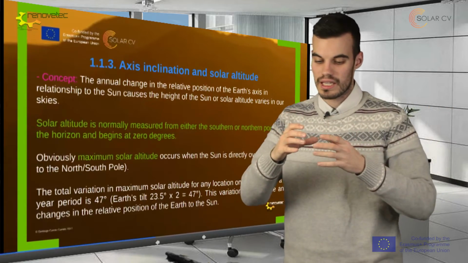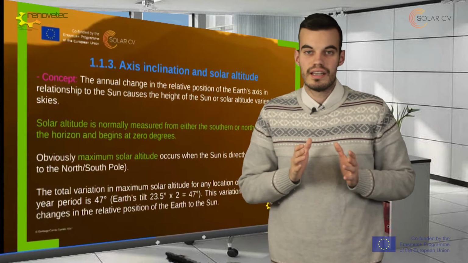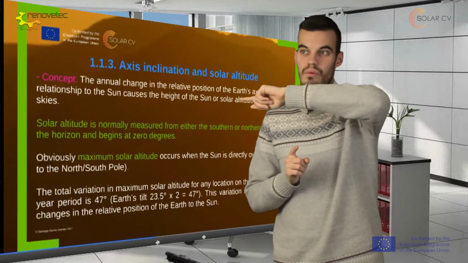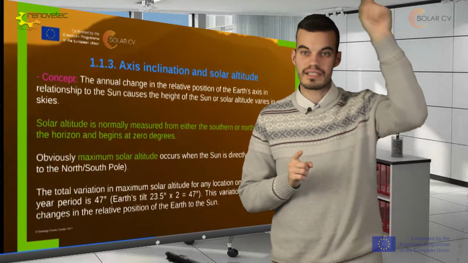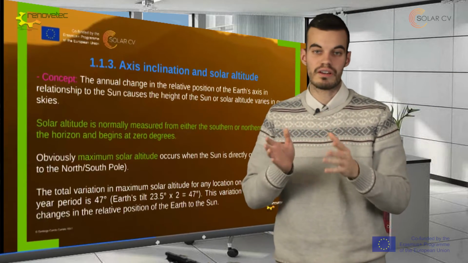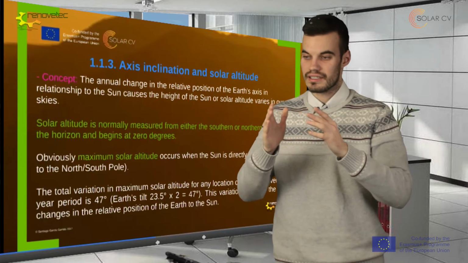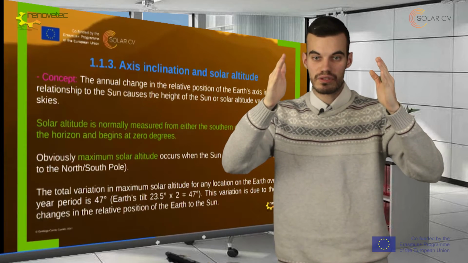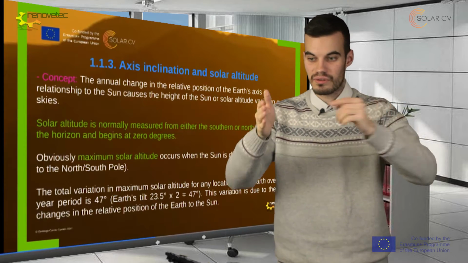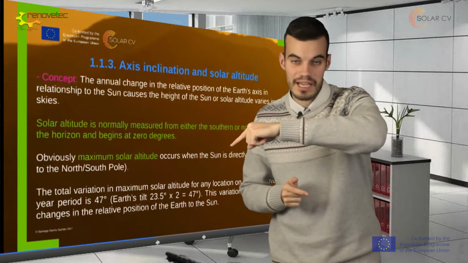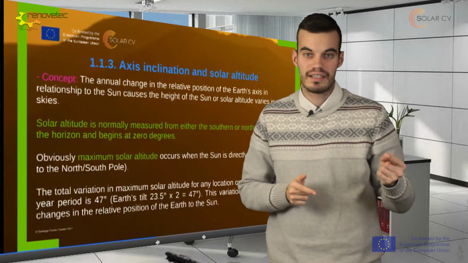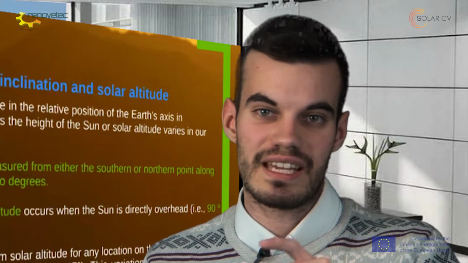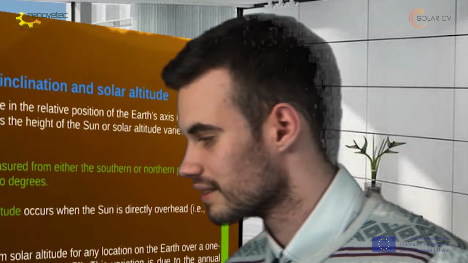For example, if I am here in summer, we are going to see the Sun with a path like this, but in spring or in autumn, this path is going to be tilted, and in winter it is going to be more tilted. So the sun path is going to be shorter, and the day is going to be shorter than a day in summer.